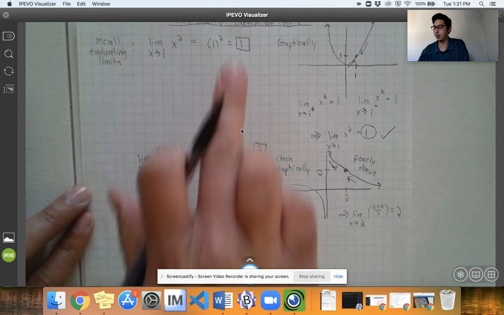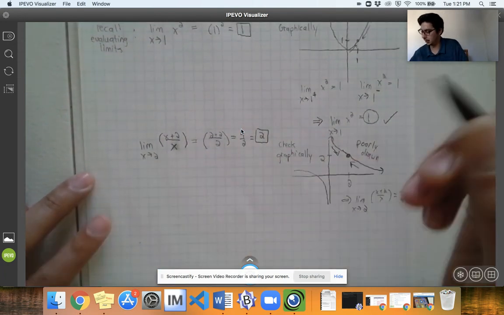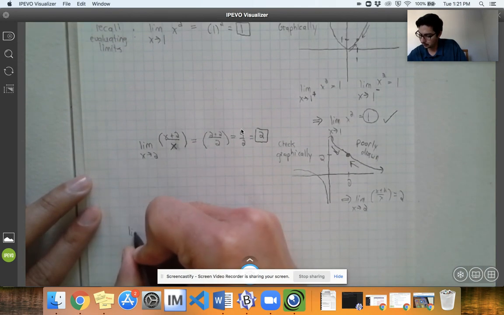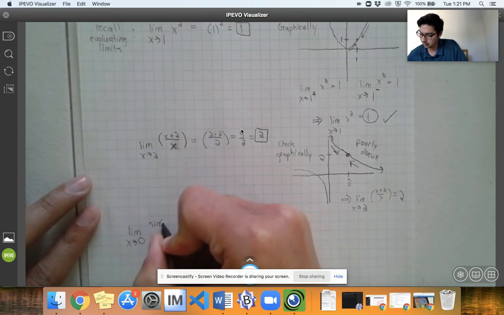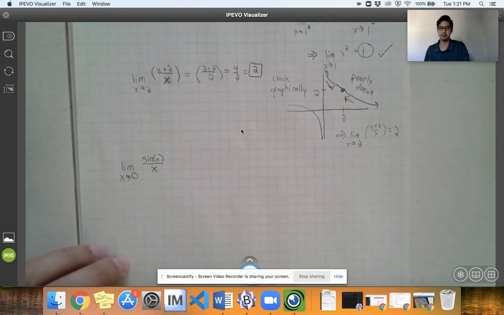Now, how does it apply to what we're doing now with indeterminate forms? What if I gave you a different type of limit? What if I asked, what's the limit as x approaches 0 of sine of x over x? A third problem.